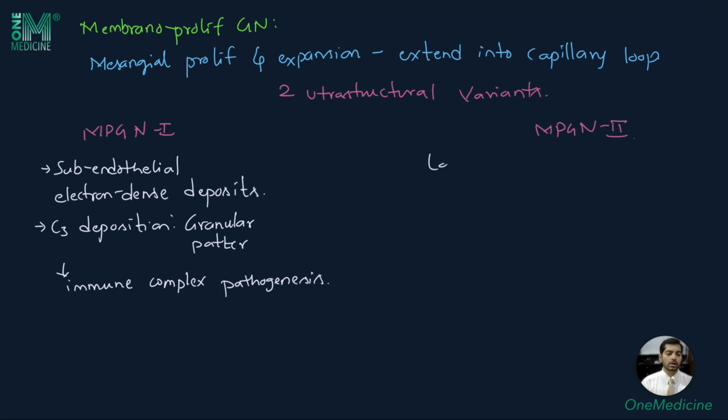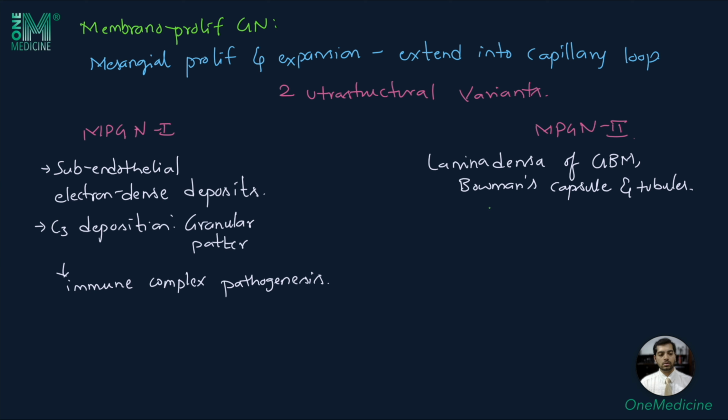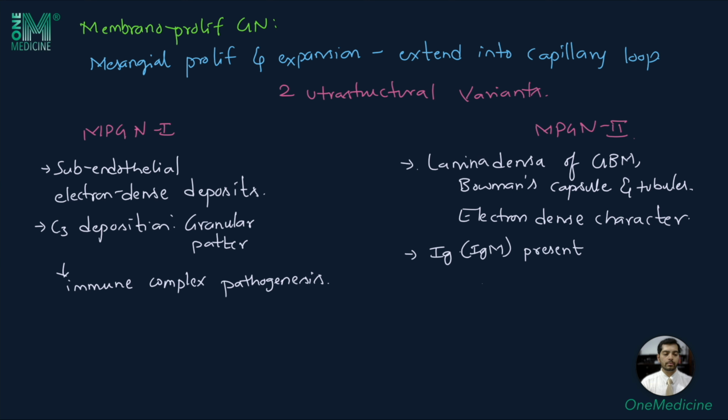In MPGN2, the lamina densa of glomerular basement membrane and even Bowman's capsule and tubules show an electron dense character. Small amounts of immunoglobulins, usually IgM, can also be present, but complements are absent.